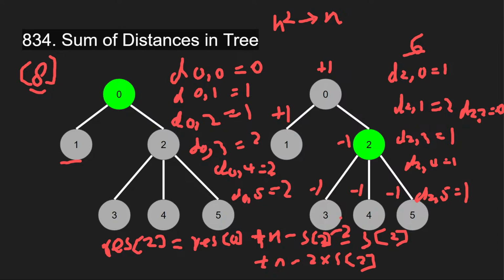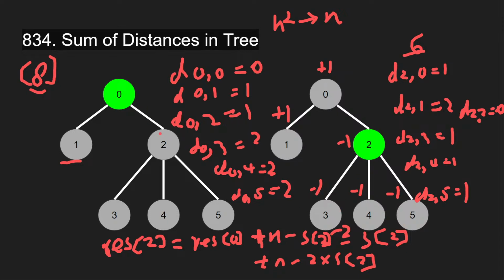So if we understand this kind of pattern, basically if we are going to swap it, from here, all those distances are going to be reduced by 1 from this node 2. As we can see, from 0 to node 2, the distance is 1, but after swapping, from node 2 to 2, the distance is going to become 0, and 2 to 3 is going to become 1. It means all the distances are going to be reduced.